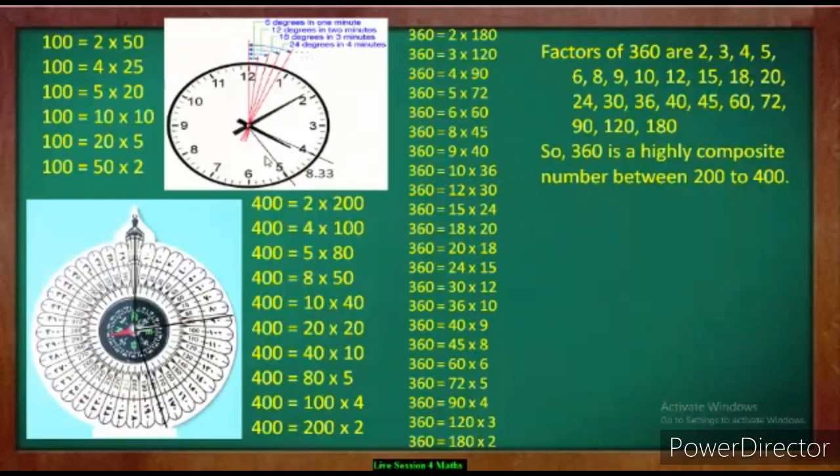So the rotation of the earth around the sun, based on the solar calendar, is 365 days. Based on the lunar calendar, the calendar which is based on phases of the moon, that is 354 days. So if you take the average of both, it will come to approximately 360 days. So based on that, this number 360 we are using now.